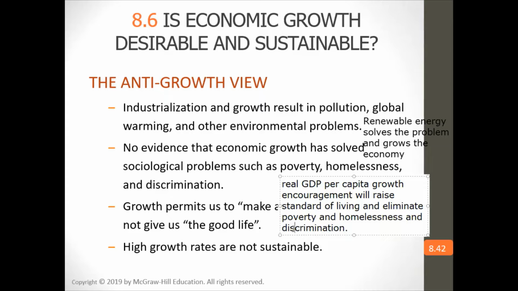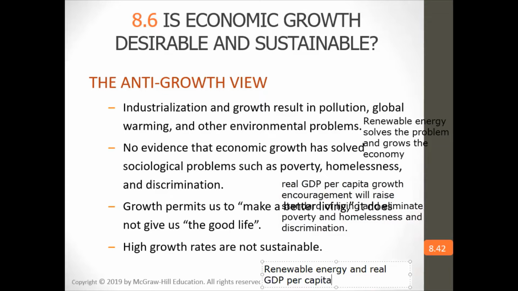So I think the main solutions to this are renewable energy and real GDP per capita. So promoting renewable energy and raising real GDP per capita. I think those are the solutions to the anti-growth view.